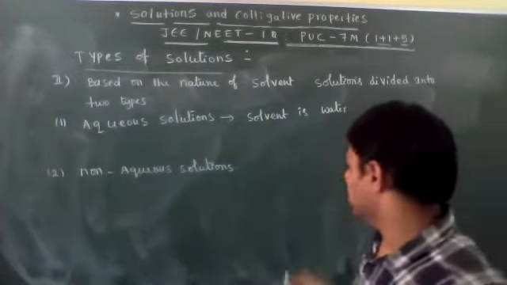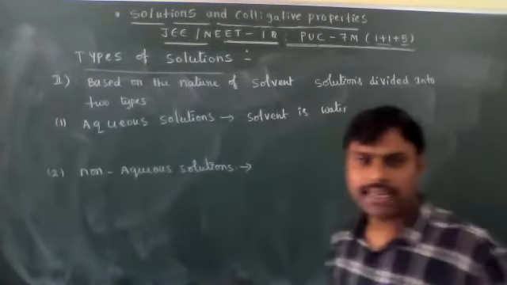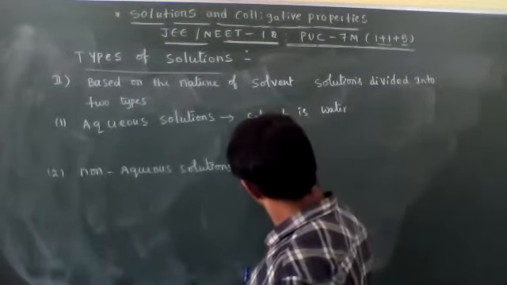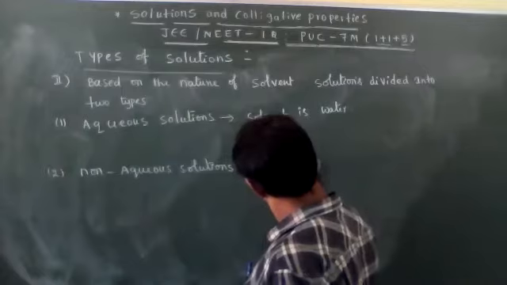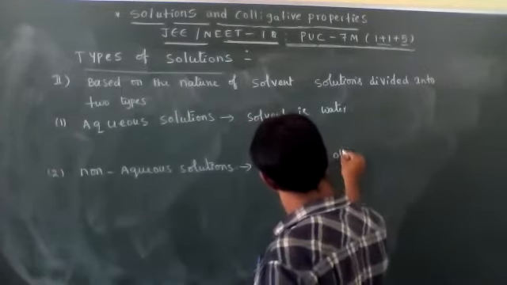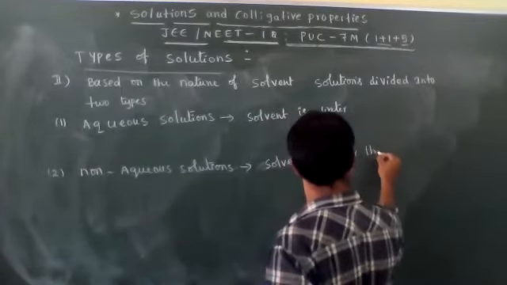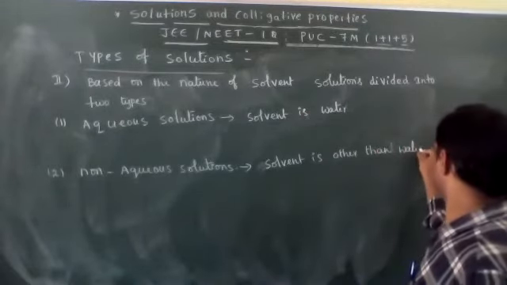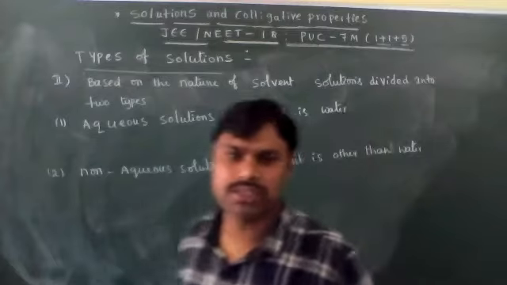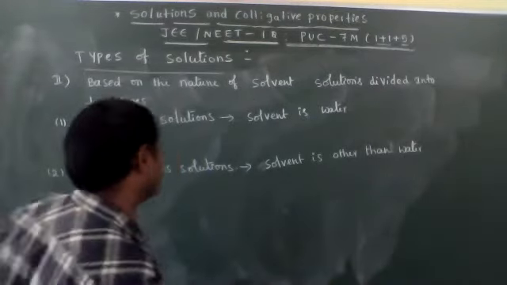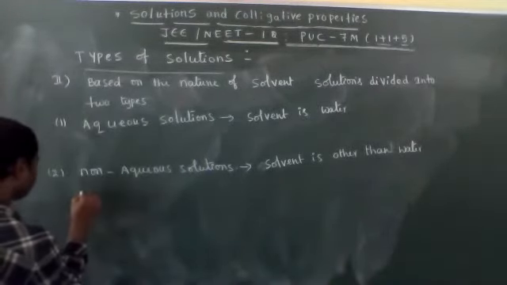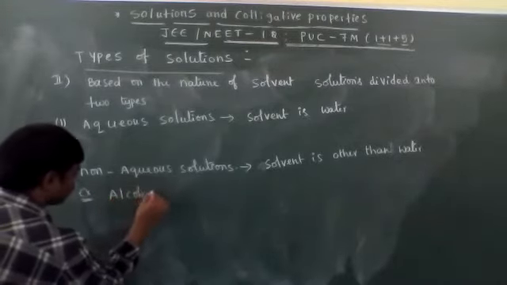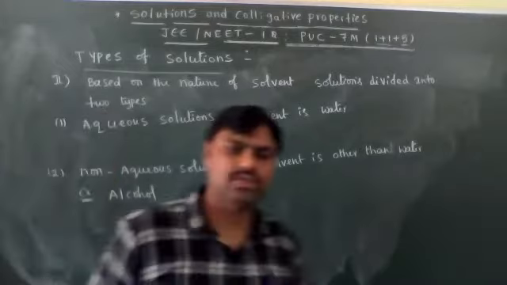If the solvent is other than water, it is called a non-aqueous solution. So other than water, what kind of solvents are present? For example, alcohols are used. Alcohols we can also use as solvents.